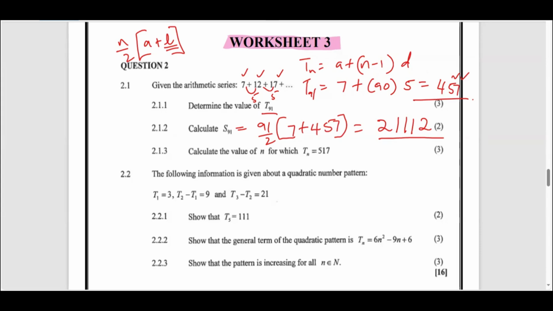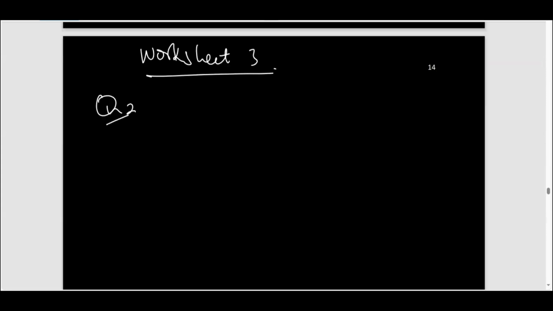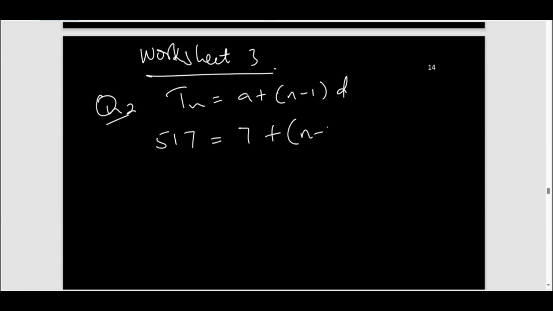And then determine the value of n for which Tn is 517. Where there is Tn, let's put 517, okay? So we're saying 517 is equal to, remember we said a plus n minus 1 into d. 7 plus n minus 1 into 5.